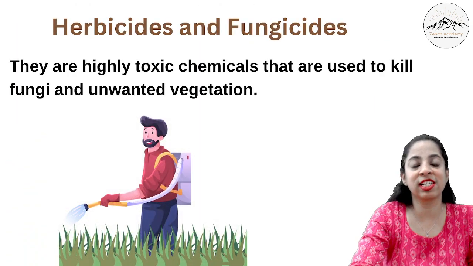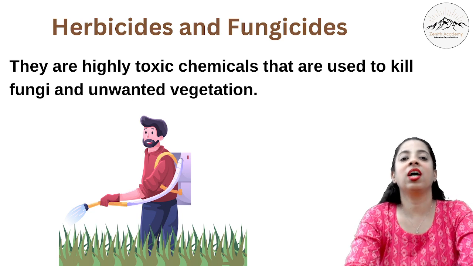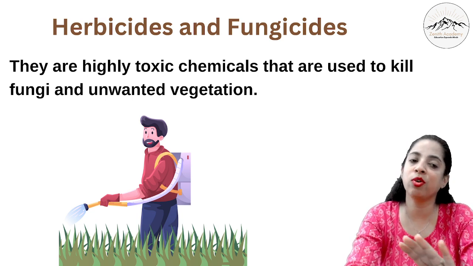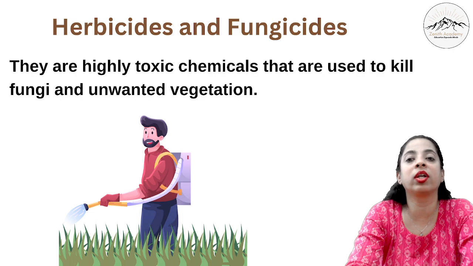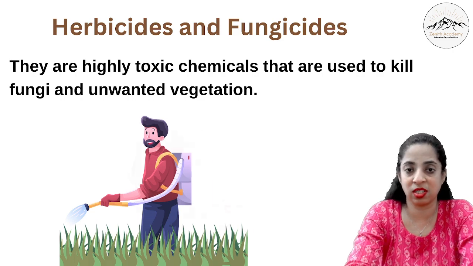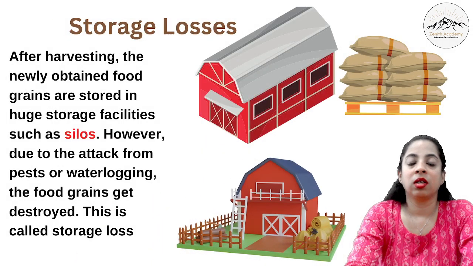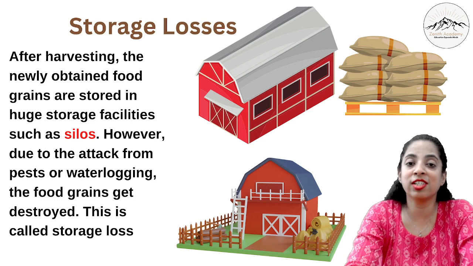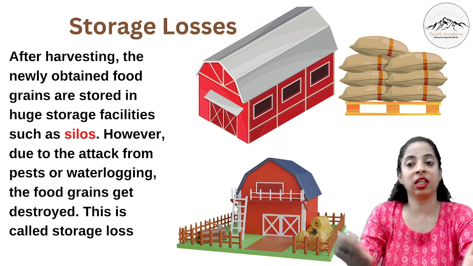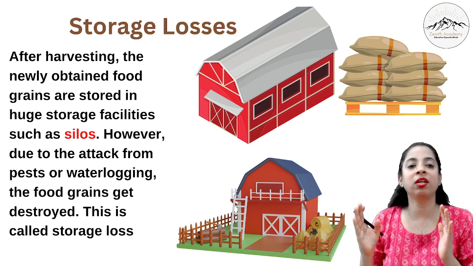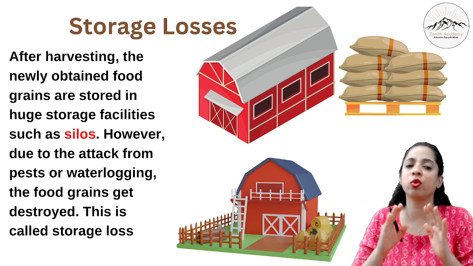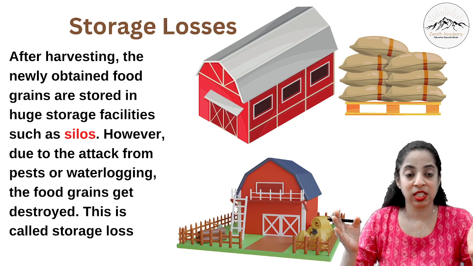Now herbicides and fungicides. They are highly toxic chemicals that are used to kill fungi and unwanted vegetation, that is weeds. Now one of the major types of losses from the yield is storage losses. So after harvesting, after cutting down the crops, the newly obtained food grains are stored in huge storage facilities such as silos.